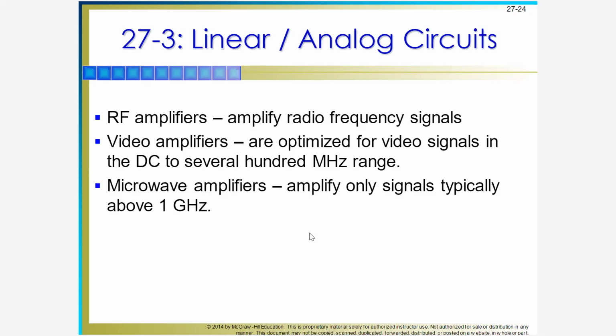Another one: if you are working in a radio frequency or television company like ABS-CBN or GMA, you will use a microwave amplifier. How does it work? A microwave amplifier amplifies only signals typically above 1 gigahertz. If the signal is below 1 gigahertz, like an FM station at 90.7 megahertz, the microwave amplifier will not increase it.